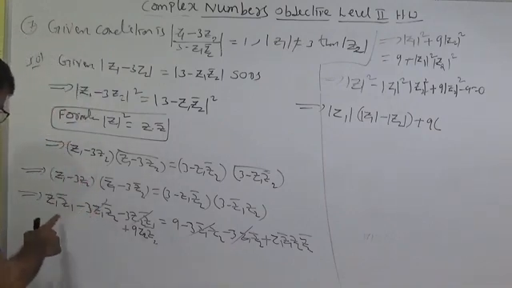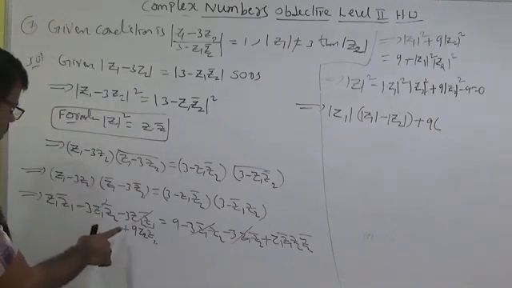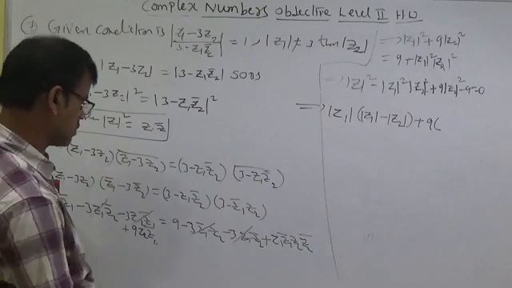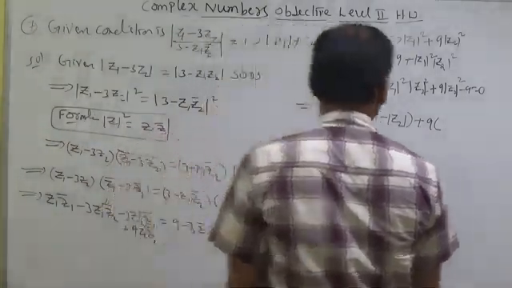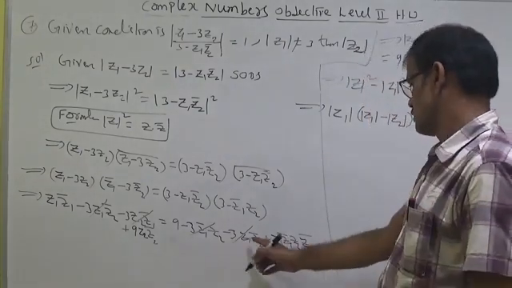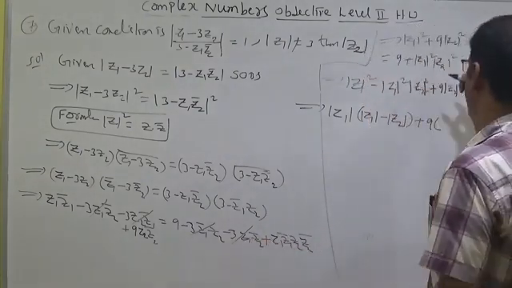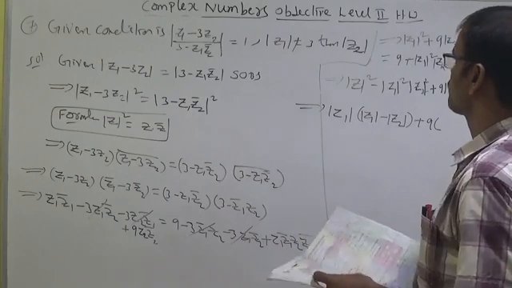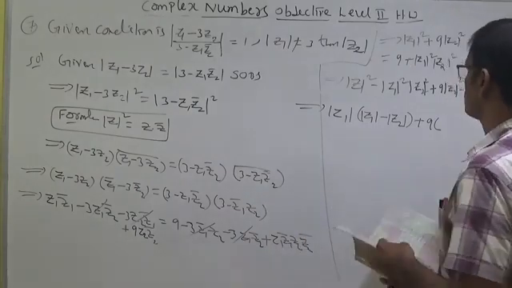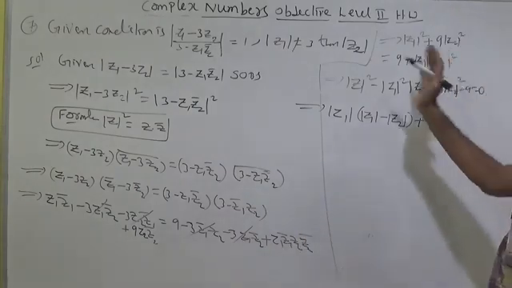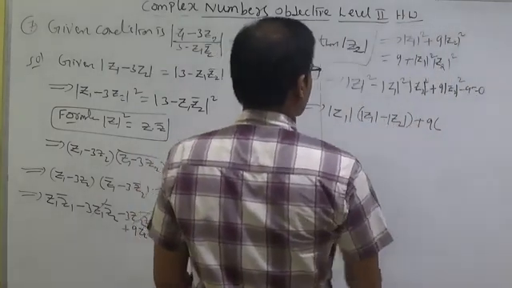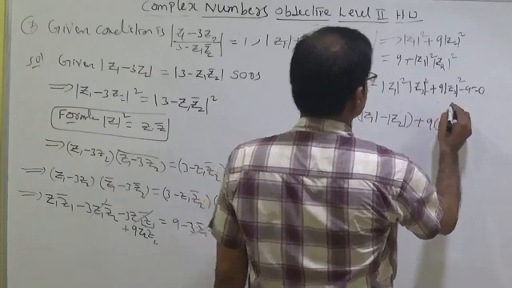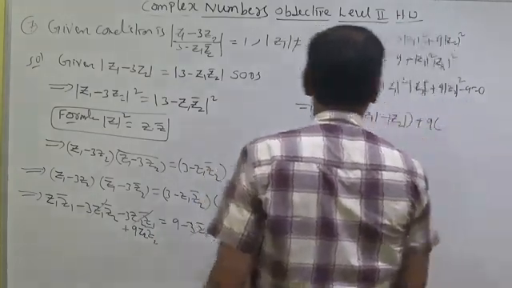Now we got modulus of Z1 square plus 9 modulus of Z2 square equal to 9 plus modulus Z1 square modulus Z2 square. Taking these terms to one side: modulus Z1 square minus modulus Z1 square modulus Z2 square plus 9 modulus Z2 square minus 9.